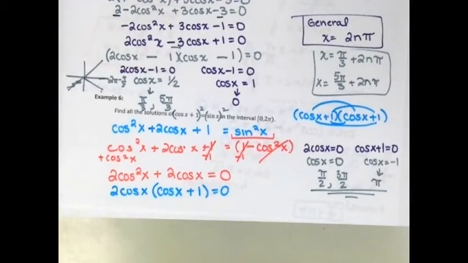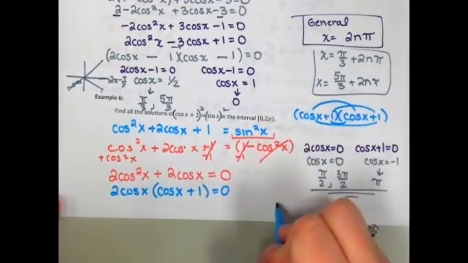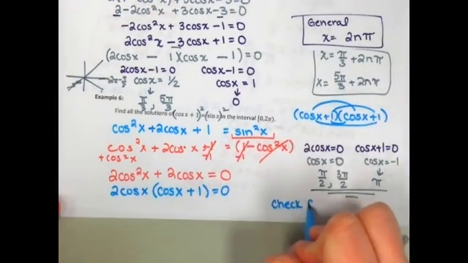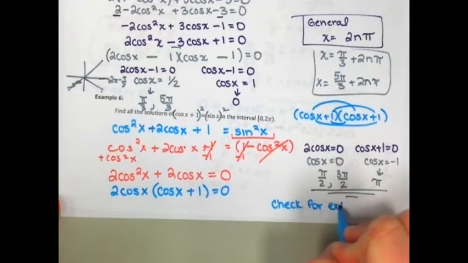So right now, these are my solutions. But because we squared both sides, when you square things, don't we kind of get some kind of extraneous solution sometimes? Yeah. So anytime you square both sides, you need to check for extraneous solutions. And what are extraneous solutions?